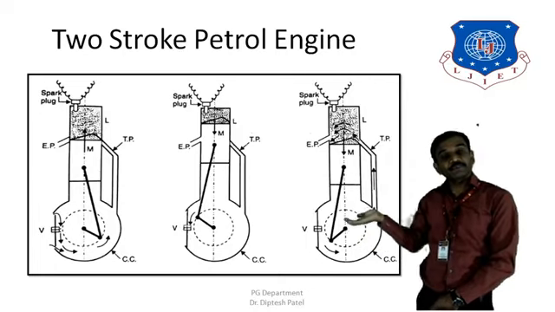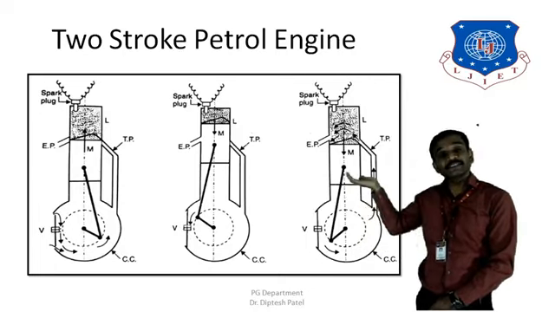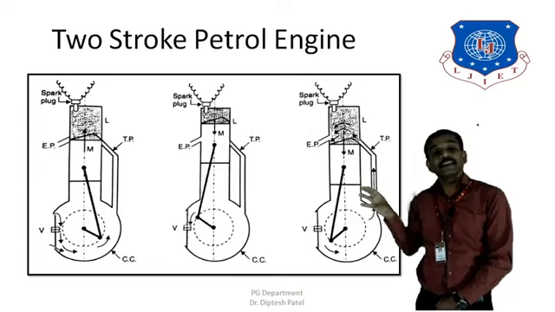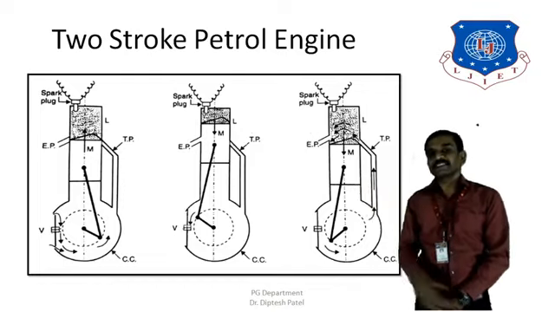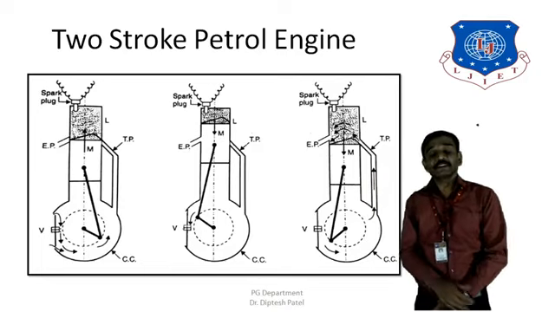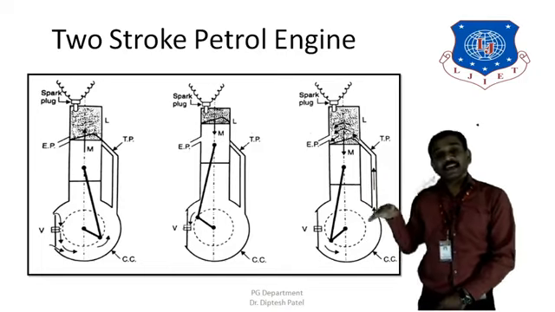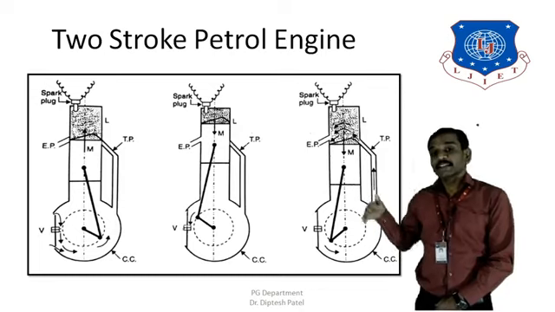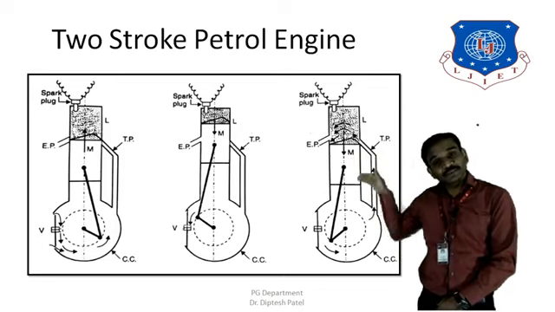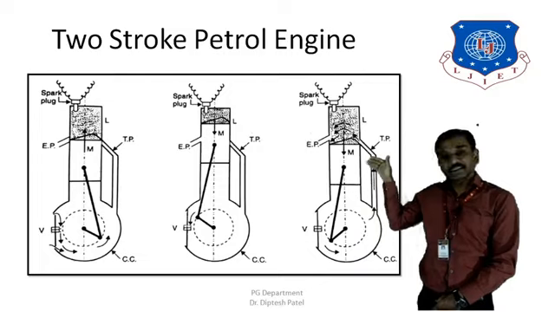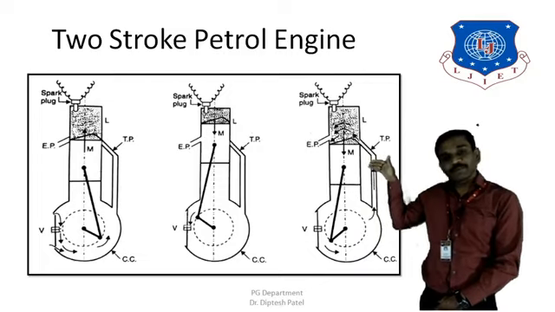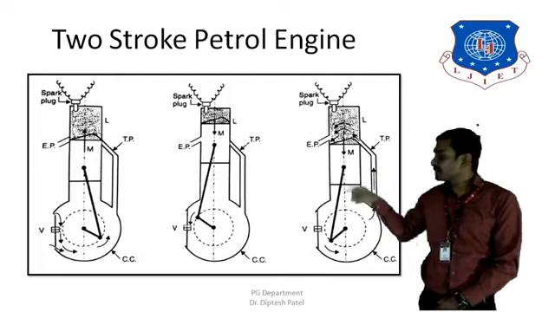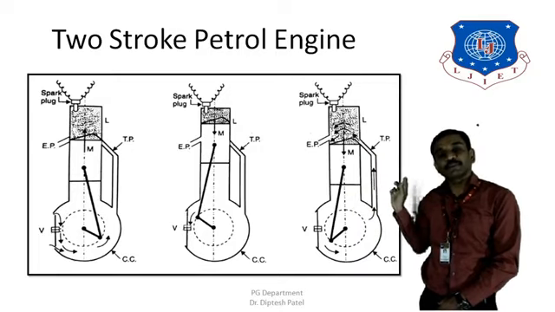The piston is moving from BDC to TDC, which compresses the air and fuel, and at the same time the spark is provided through the spark plug, and due to the combustion of these gases that provides the power on the piston crown, and then that pushes the piston from TDC to BDC. Since in the third diagram you can see the piston is moving from TDC to BDC, at that time again the exhaust port and the transfer port remain open.